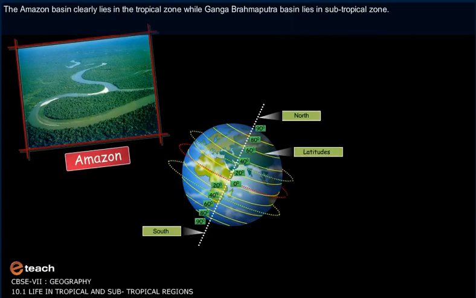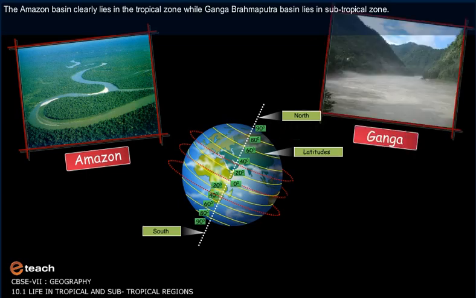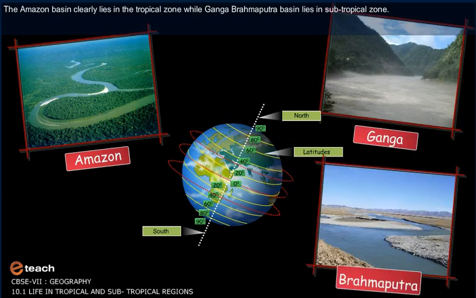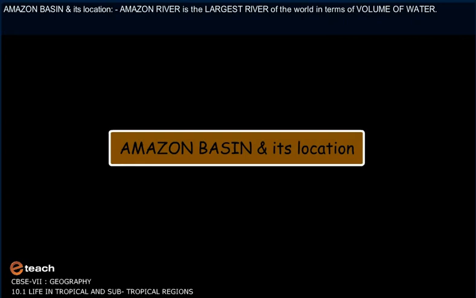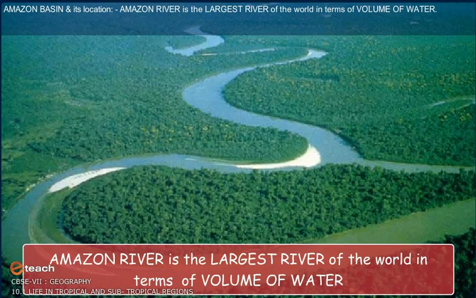The Amazon basin clearly lies in the tropical zone, while the Ganga-Brahmaputra basin lies in the subtropical zone. Amazon basin and its location. The Amazon River is the largest river of the world in terms of volume of water.